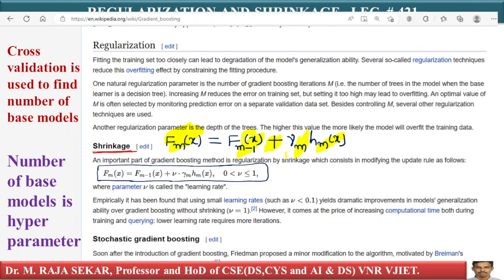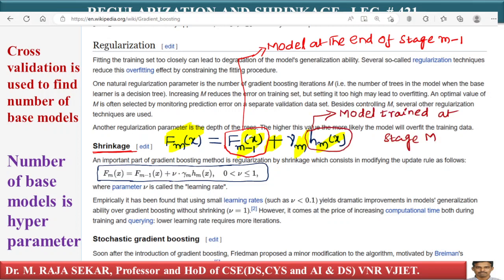What is this f m minus 1 of x? Your f m minus 1 of x is the model we had at the end of stage m minus 1. What is your hm of x? This is the model we trained at stage m. What is your gamma m?